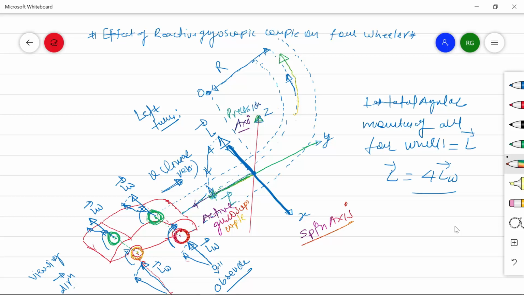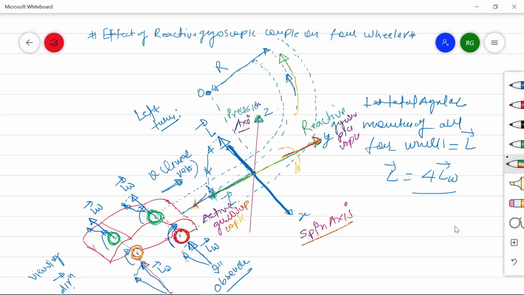Now if this is the direction of the active gyroscopic couple in the negative y direction, then this would be the direction of the reactive gyroscopic couple. So if this is the reactive gyroscopic couple, and we point the thumb of the right hand in this direction, our fingers will curl like this.